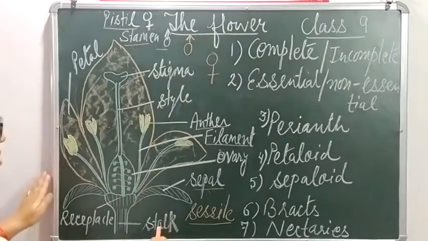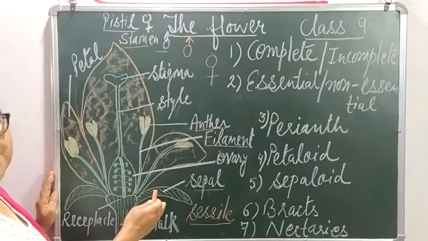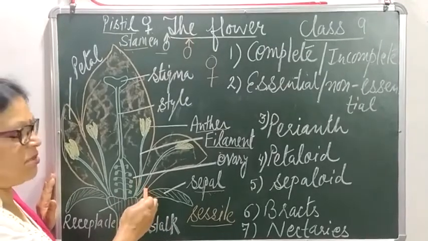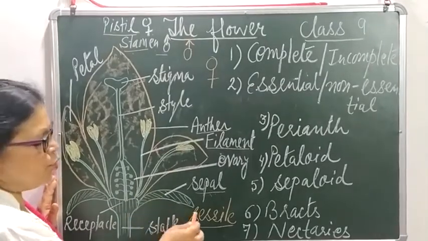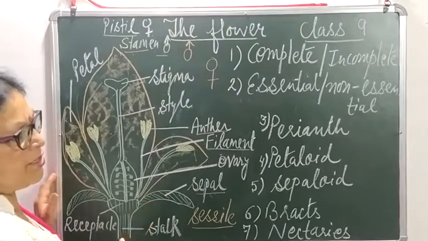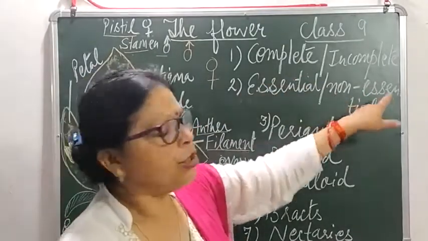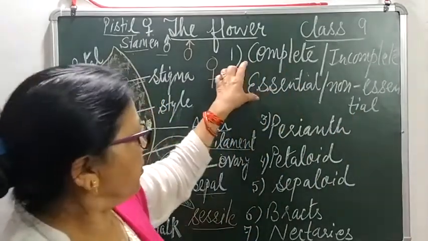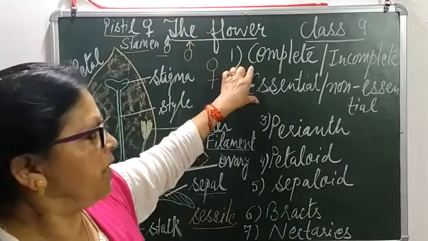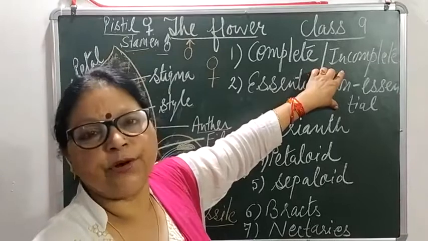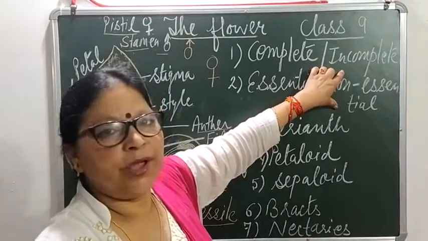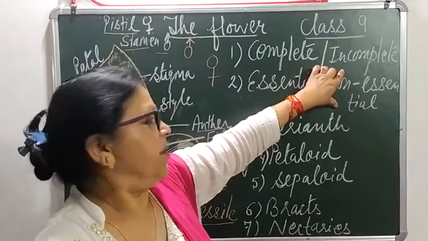And the other parts also help in reproduction by being supportive parts. They are called accessory parts. So sepals and petals are accessory parts and they are called non-essential parts. So reproductive parts are essential parts and other parts are called supportive or accessory parts.